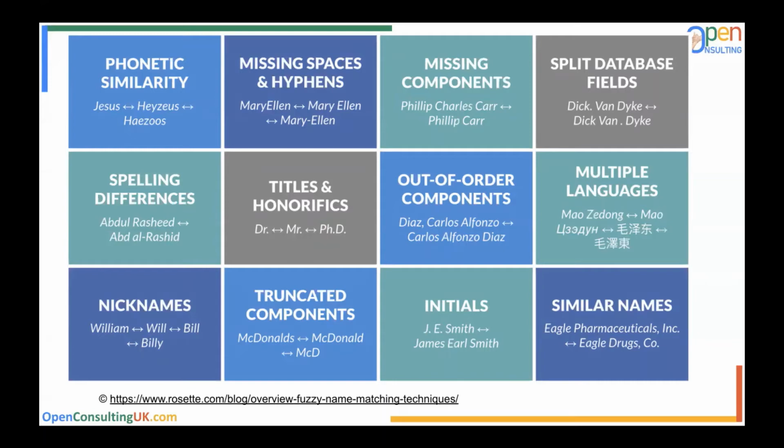Truncated components: it identifies nicknames, like William, who will usually be called Will. If in one table I have mentioned William and in the other I have mentioned Will, it will identify it. Spelling mistakes will be identified. So these are some of the techniques in fuzzy matching.